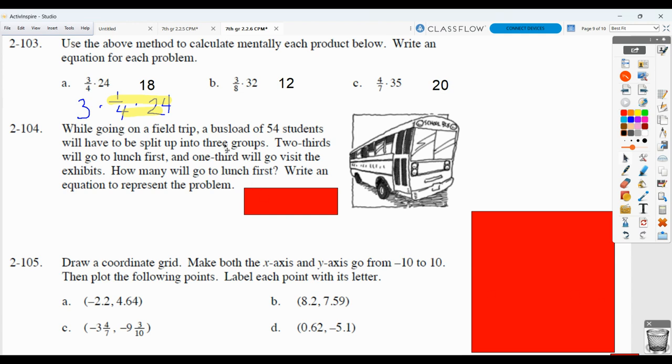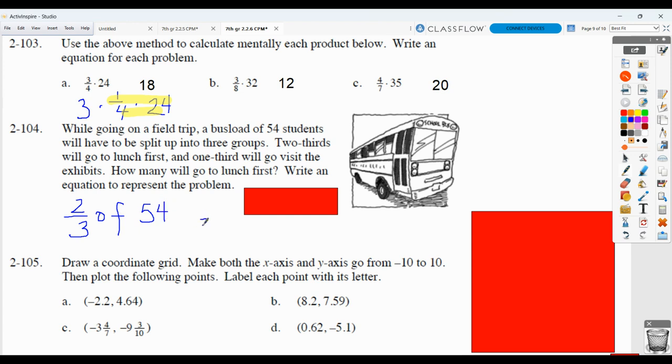While going on a field trip, a busload of 54 students have to be split into 3 groups. 2/3 of them go to lunch first, 1/3 go to the exhibits. How many go to lunch first? So basically what we want to know is what is 2/3 of 54 students. And remember that of means to multiply.